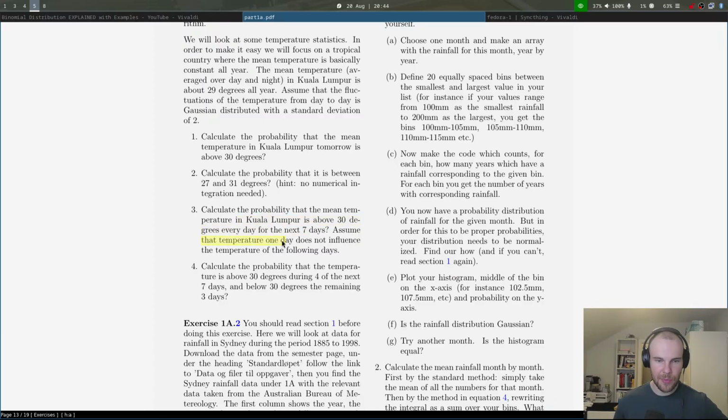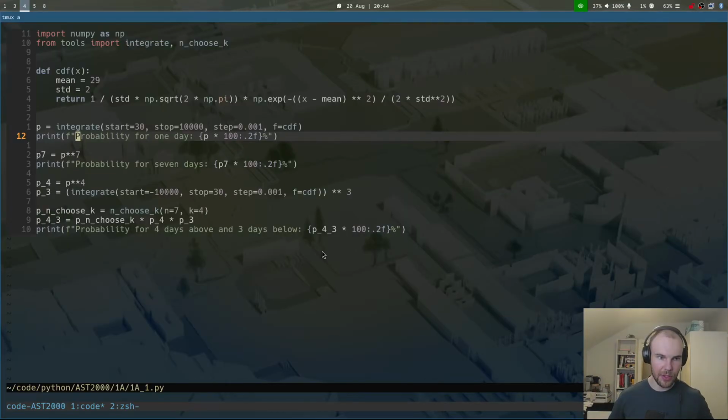Assume that the temperature one day does not influence the following days. Now this means that we take the probability we got, and since they're independent, we of course multiply. So this will just be what we got last time, to the power of 7. You can see that in my code as well.